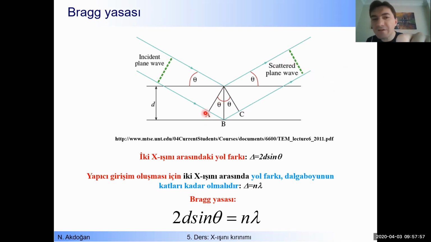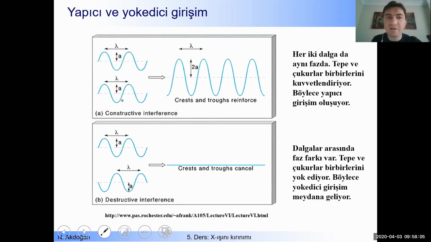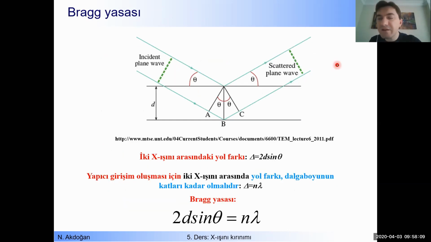If the path difference between two X-rays is equal to n times lambda, we will have constructive interference here, like this one. Okay, then we will see a signal. So in order to see the diffracted beam in the detector, this path difference must be equal to n times lambda.